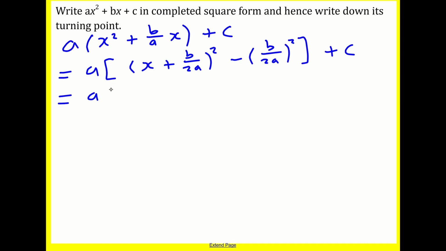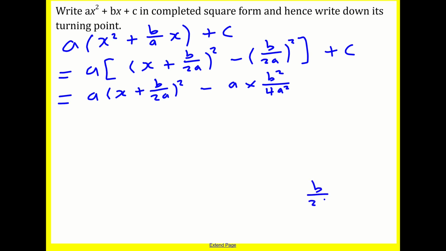Now I'm going to multiply it out. And I'm going to do A times this thing here squared, which, as we've done on indices, we know we just square each term separately. So it's going to become B squared over 4A squared. You might have got tripped up there.